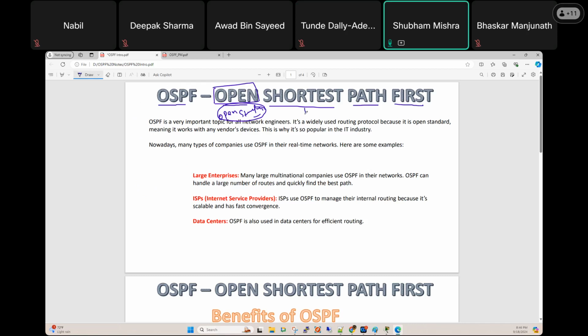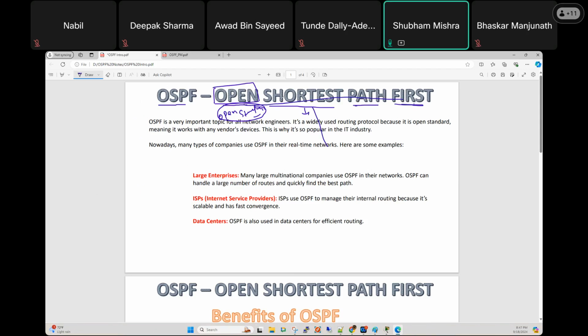Now, shortest means what? Shortest path. When I read this line, I am getting one thing: OSPF is the protocol which chooses the shortest path to reach the destination.